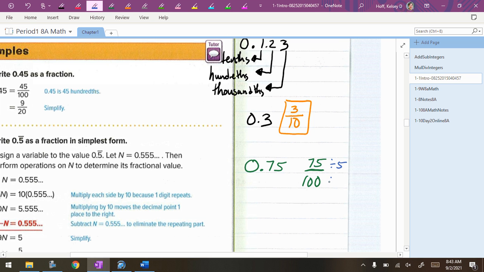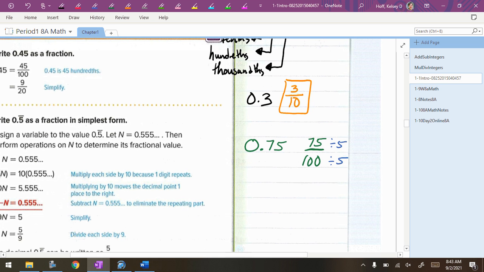So on your calculator, take 75 divided by 5. Bryce? 15. Then take 100 divided by 5. And you get 20? You should get 20.